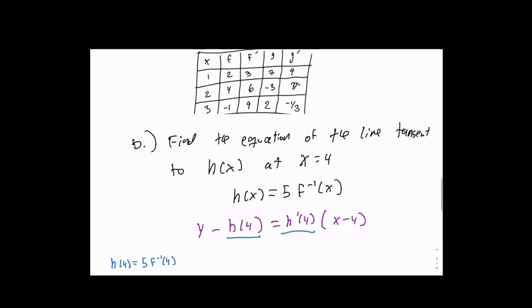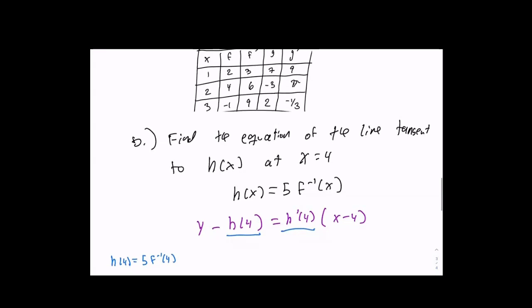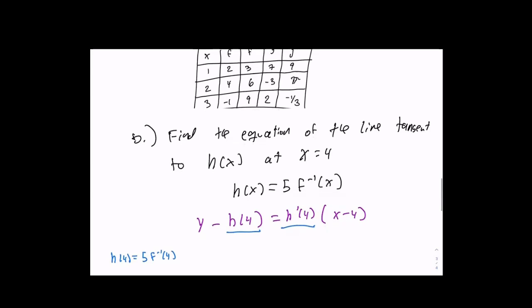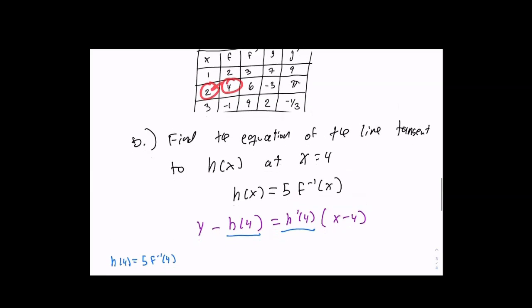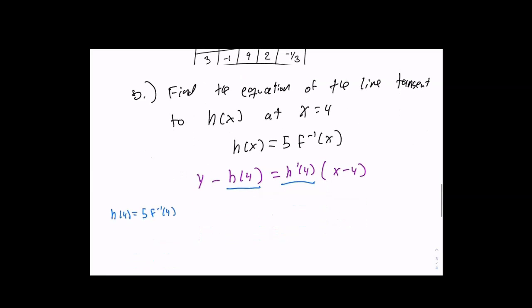Yeah, 2. F of 2 is 4, so inverse f of 4 is 2. Right there. You got to be able to get that part. So this just becomes 5 times 2, so h of 4 is 10. Okay? So in other words, your final answer is going to be like y minus 10.